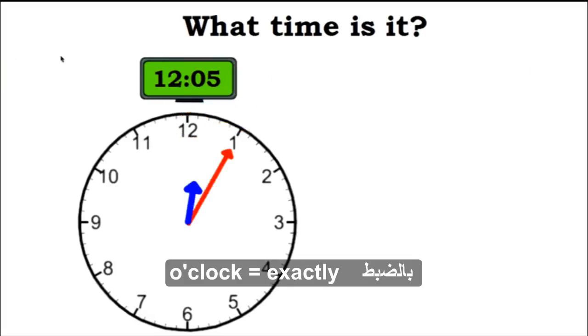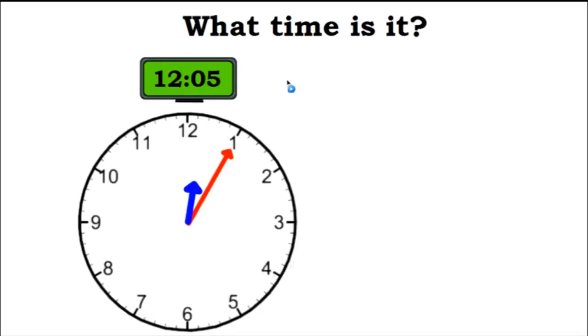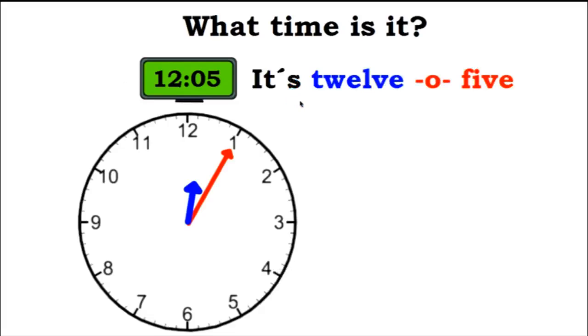What time is it? It's 12:05. When we have 0 and a number, we use O. We say it's 12:05.